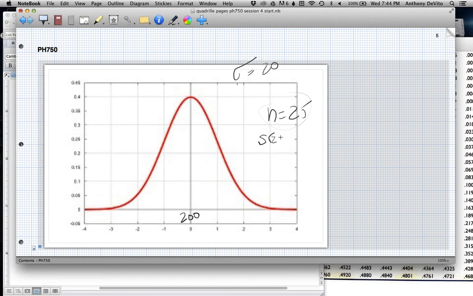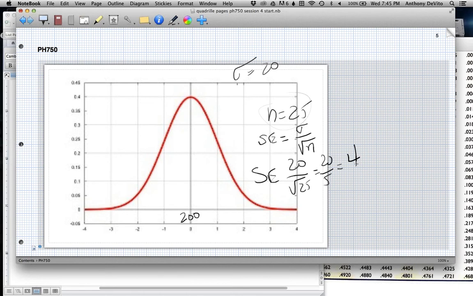And what's that going to be equal to? Anybody remember what the formula was? Standard deviation of the population over the square root of the sample size. Right? So the standard error is equal to 20 over the square root of 25, which is 5. So that's 20 over 5, and that's equal to 4.